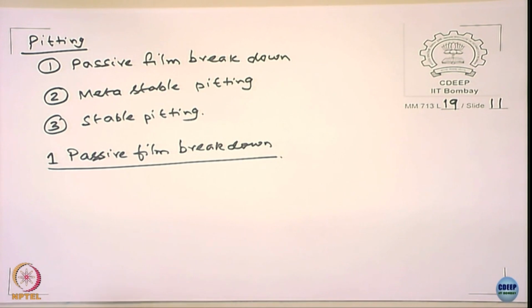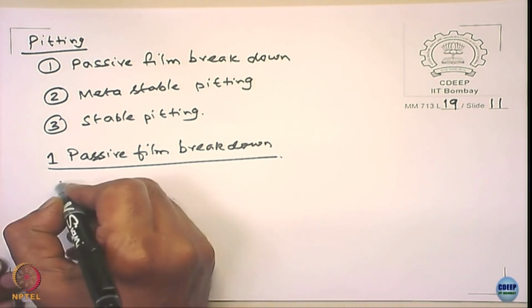What is happening in a passive metal? You get a definite passive current density. There is a film formation, but even then there is a definite current flowing across the film. So there is metal dissolution. It is not that there is no metal dissolution; the metal dissolves, but at a lower rate. So passivity is a dynamic process.